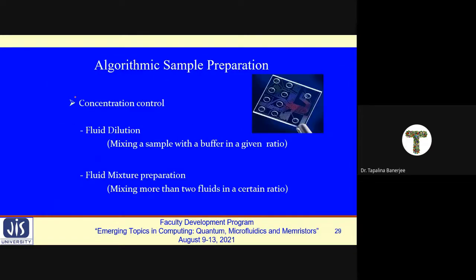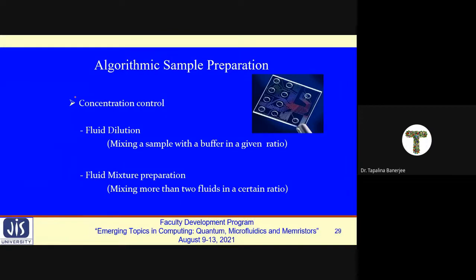Yes, it is possible. See, one of the essential factors in biochemical analysis is pre-processing of fluid samples, which involves preparation of dilution and/or mixture of several fluids in a certain ratio.